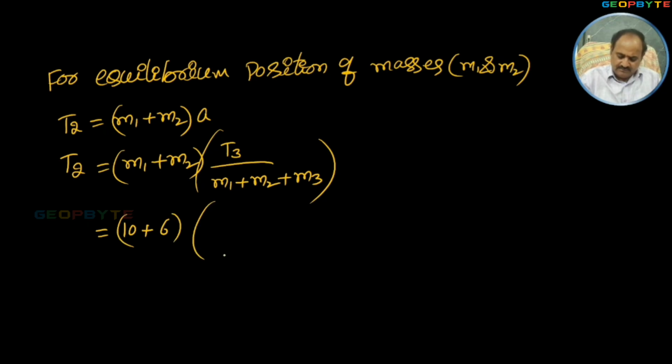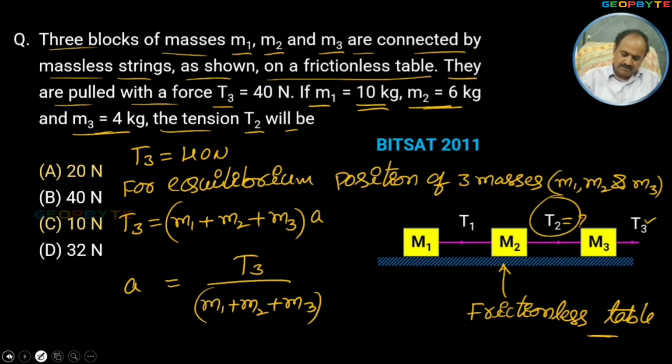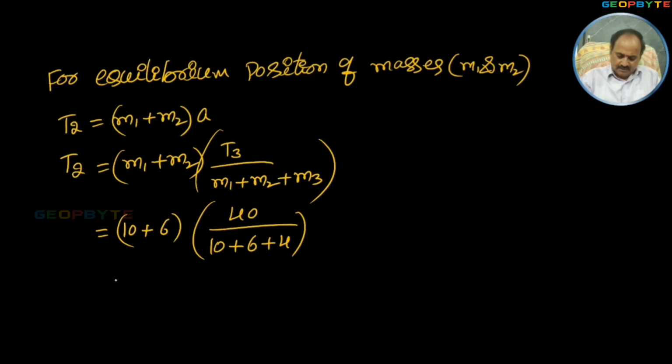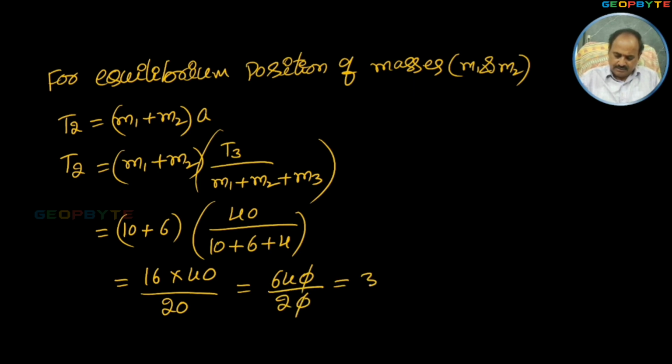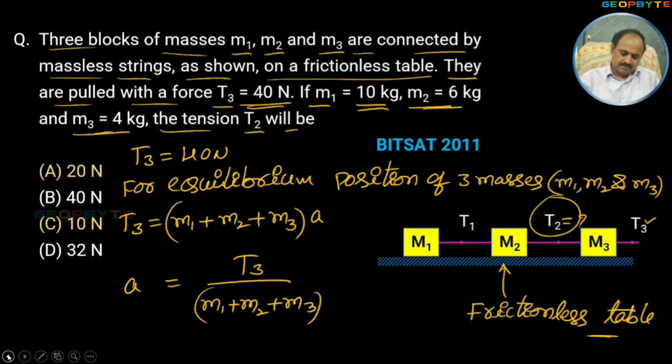T3 is given 40 divided by 10 plus 6 plus 4. Is T3 40 newtons? Yes, T3 is 40 newtons. Now let us simplify it. It is 16 into 40 divided by 10 plus 6 plus 4, 20. It is equal to 640 divided by 20, right? 32 times. T2 equal to 32 newtons. That's the answer. Look at the options. Option D is absolutely correct.